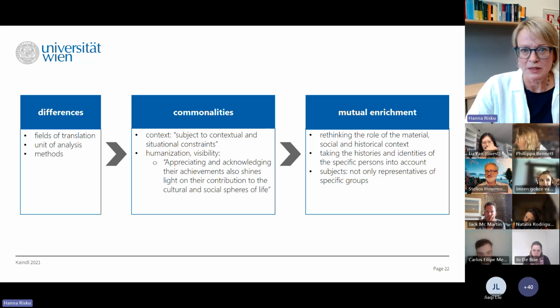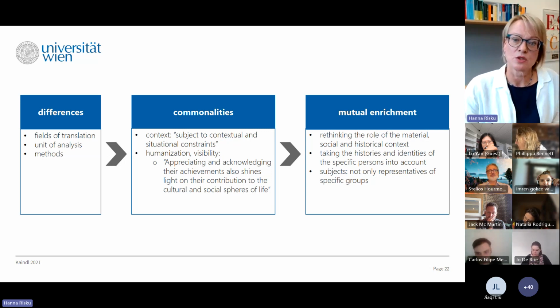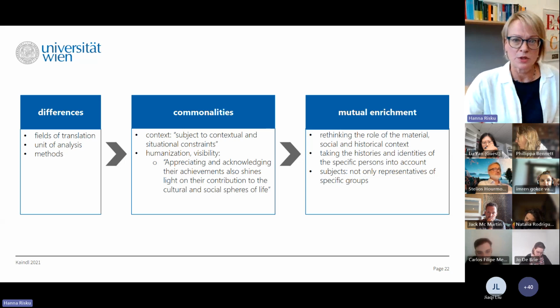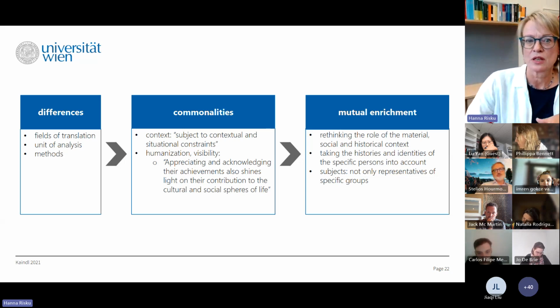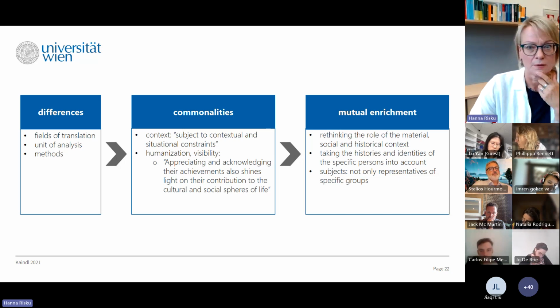They go back to similar original motivations, but originally concentrate on different fields of translation, literary or non-literary translation. They define the borders of the unit of analysis differently, and they emphasize different methods.